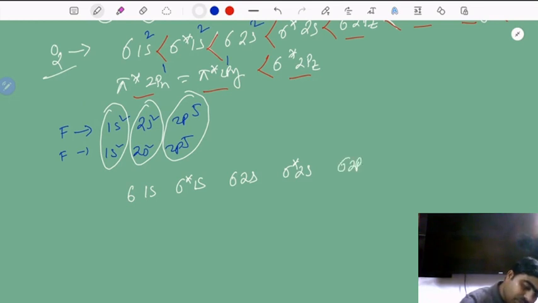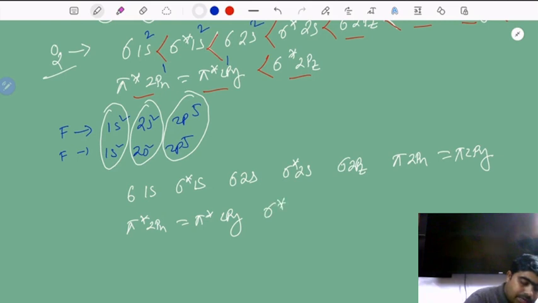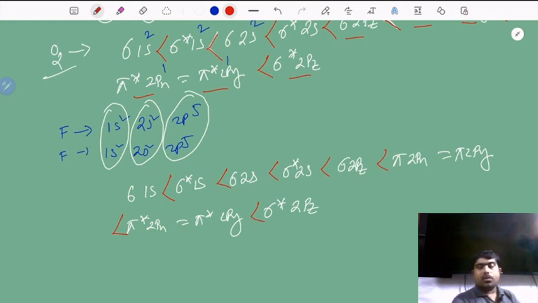Sigma 2pz, then pi 2px equal to pi 2py, then pi star 2px equal to pi star 2py, and ultimately the last one is sigma star 2pz. Now we can put this symbol to indicate that the energy is increasing from sigma 1s to sigma star 2pz.